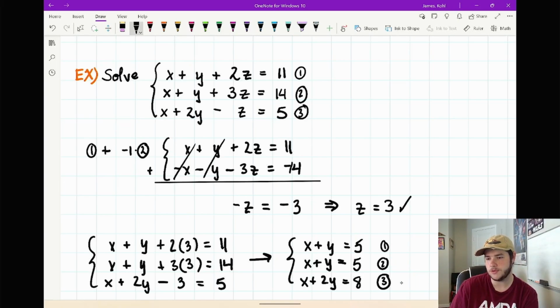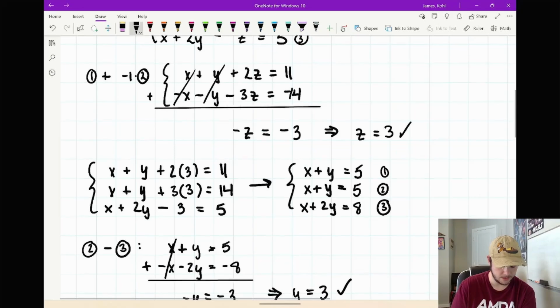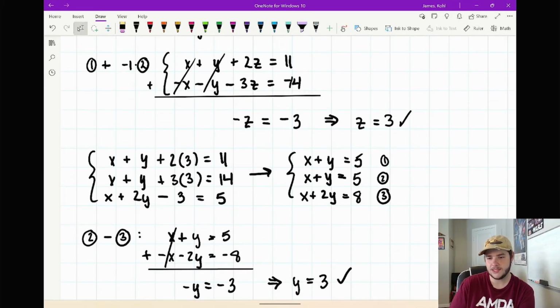Instead, I'll have to look between 2 and 3. And I notice again, this is already set up pretty nicely for an elimination on x. If I just multiply equation 3 by -1, I can add 2 and 3 together to eliminate x. So that's what I did in the next step. And this gave me a single variable equation for y, which gave me y is also 3.